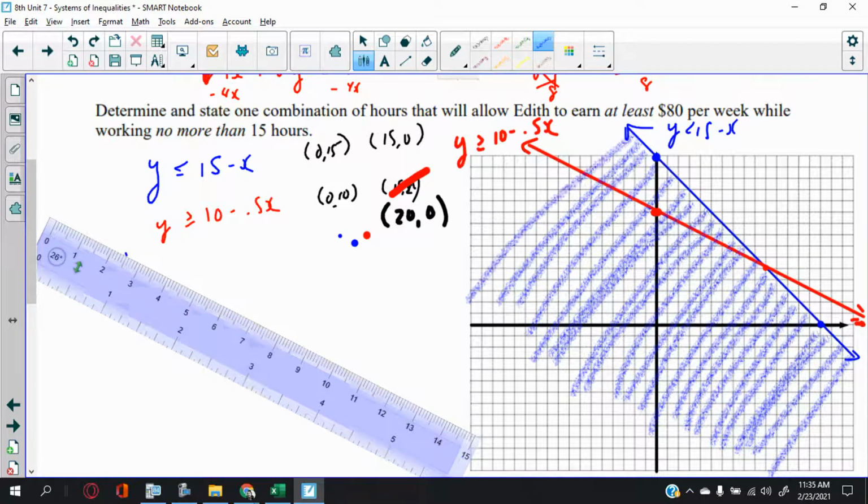Yeah. Now technically, it's really like this. I mean, right? So okay, what's the other one? Red is greater than, so I'm gonna shade above. Like that.